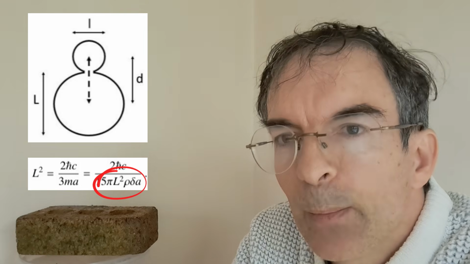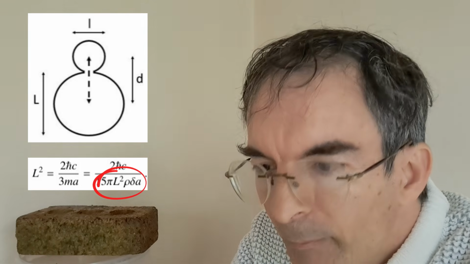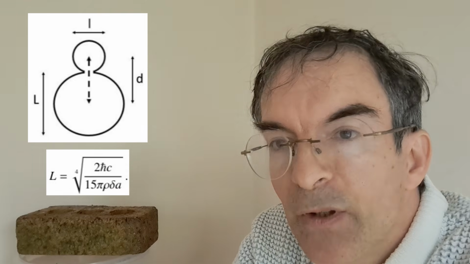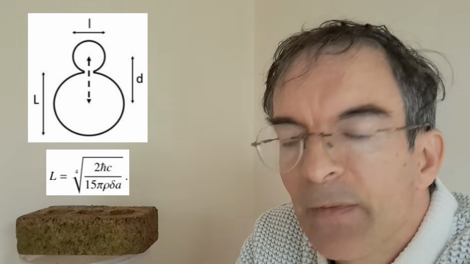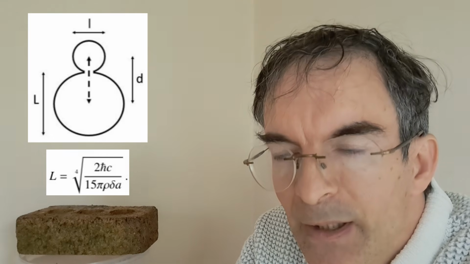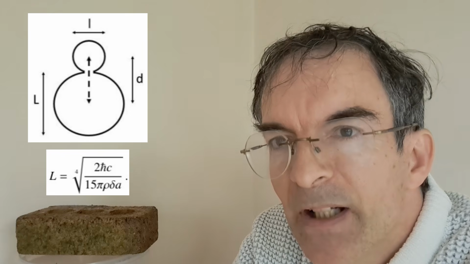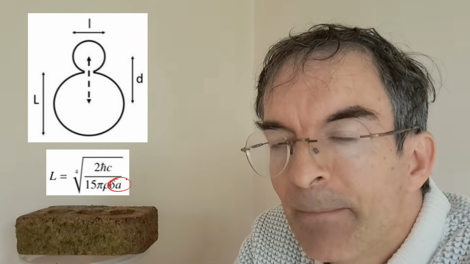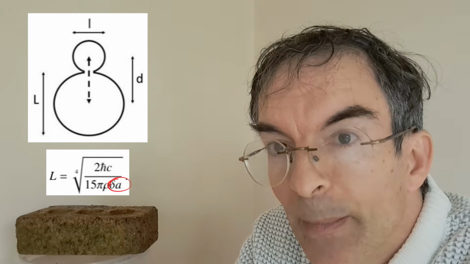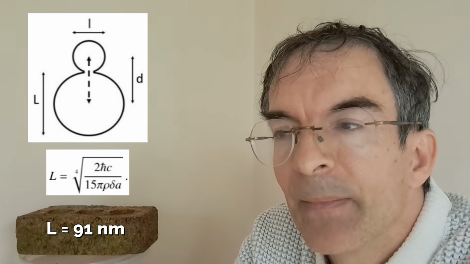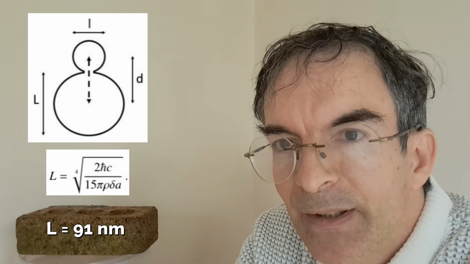And then if you put this in for m, you can rearrange for L, and we get that L is the 4th root of 2h bar c over 15 pi, the density times the thickness times the acceleration. And the acceleration we want to overcome in this case is the acceleration of gravity, so that's just g. And if you put the numbers into this formula, you get a value of L that is 91 nanometers.